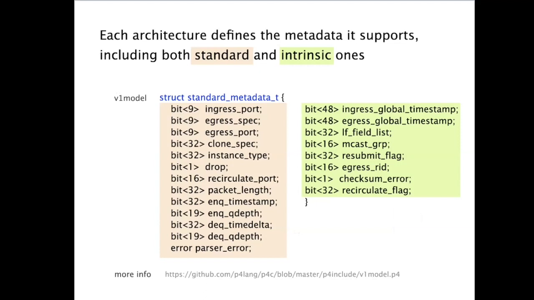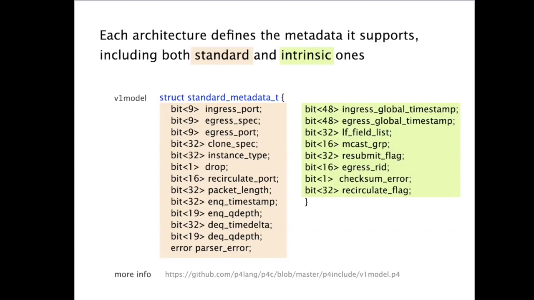Each architecture, clearly this one, but also hardware architectures like our switches, defines the metadata they support. As I told you, there are standard metadata, and there are also intrinsic metadata. These are not user defined, they come with the architecture. Standard metadata are the ones included in the P4 specification. These are on the left-hand side of the slides.